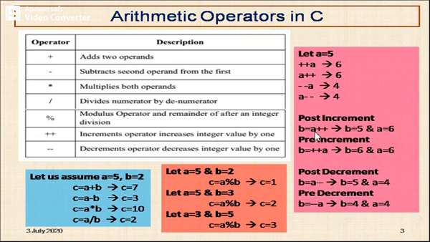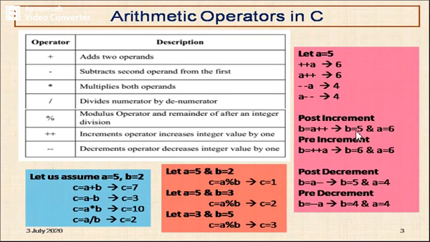That is, it will post the value of A first and then increment the value of A by 1. So the increment operation is done after the assignment. That is why it is called post increment. Okay, so after this is executed, what will happen?